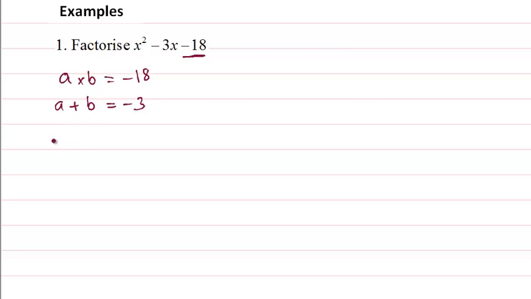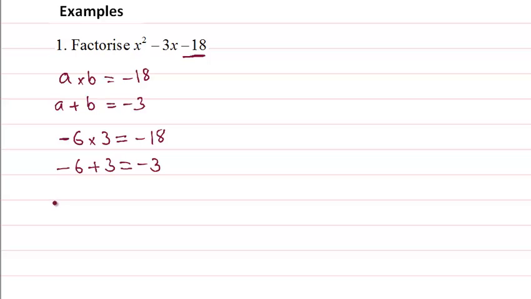Just by inspection, just by thinking, we can think minus 6 times 3 gives you minus 18, and minus 6 plus 3 gives you minus 3. So we found the two factors. The two numbers are minus 6 and 3.